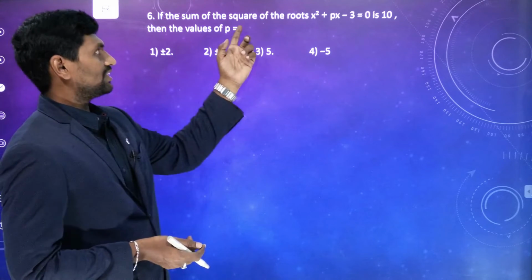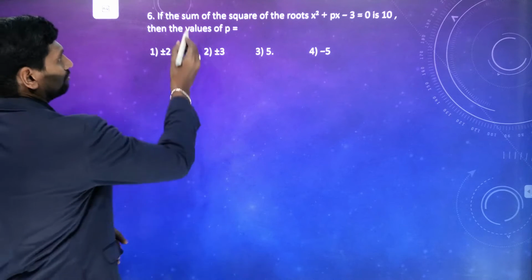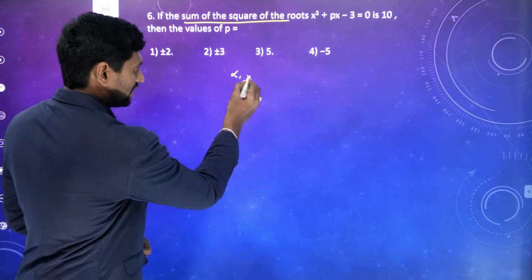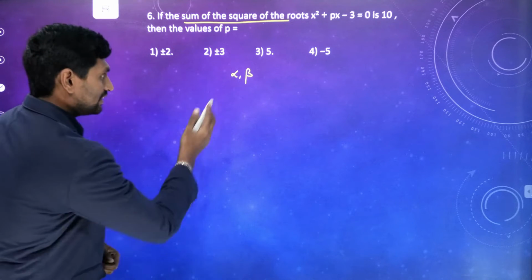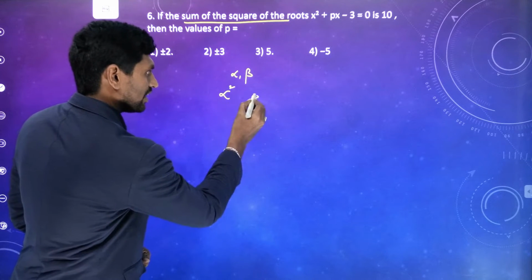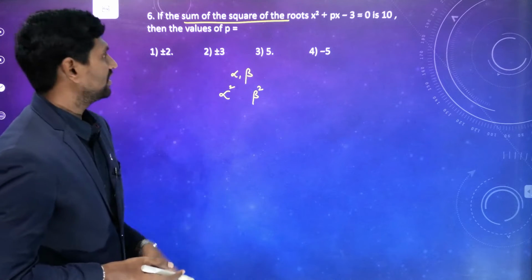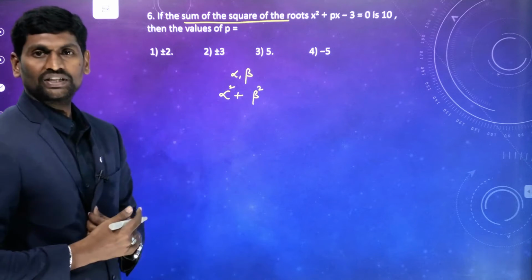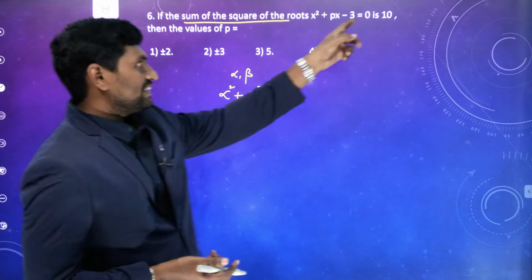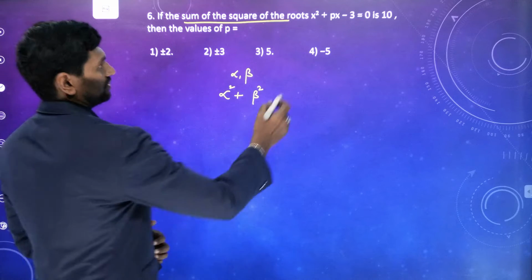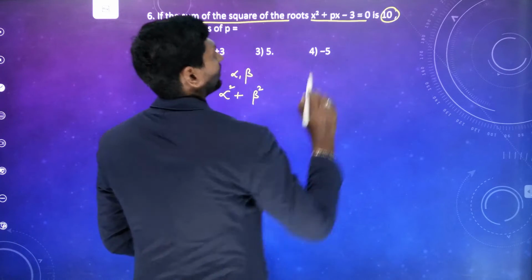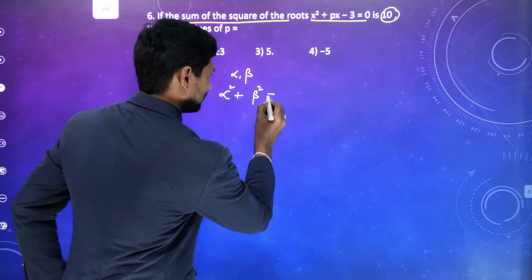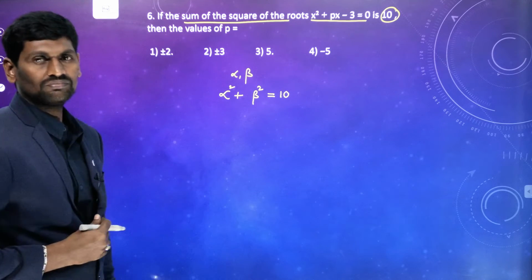If the sum of the squares of the roots, if alpha comma beta are roots, their squares will be alpha square and beta square. And sum of the squares of roots is nothing but alpha square plus beta square value of this equation is 10.